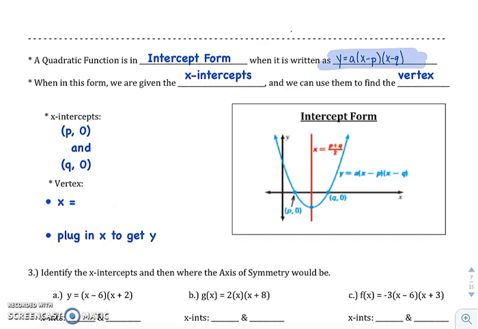So when you're finding the vertex, it's always in the center of wherever those x-intercepts are. If you're trying to find the middle, all we're really going to do is take the average of the two x-intercepts.